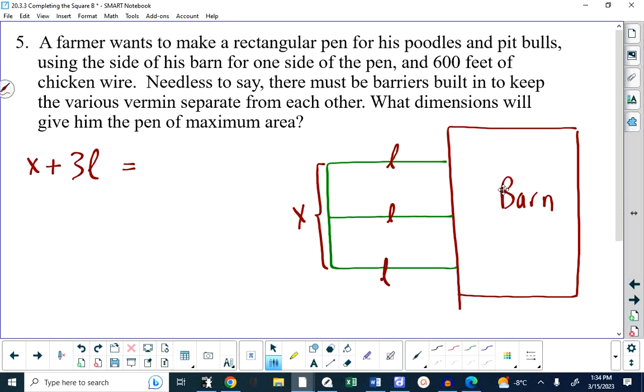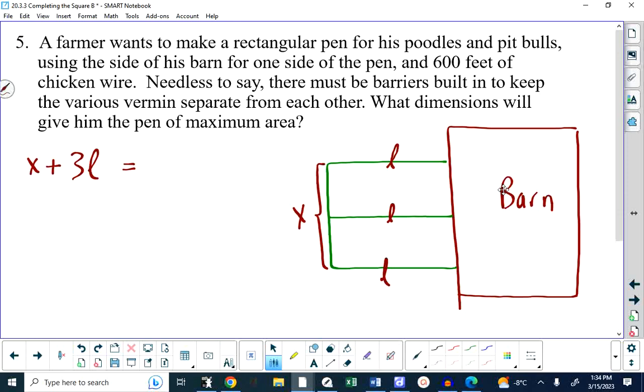Don't shout out an answer, but think carefully about what x plus 3L has to give you. Put your hand up and then down if you know what x plus 3L needs to give you. You know, if he wants the most area. What is it, Craig? The 600.